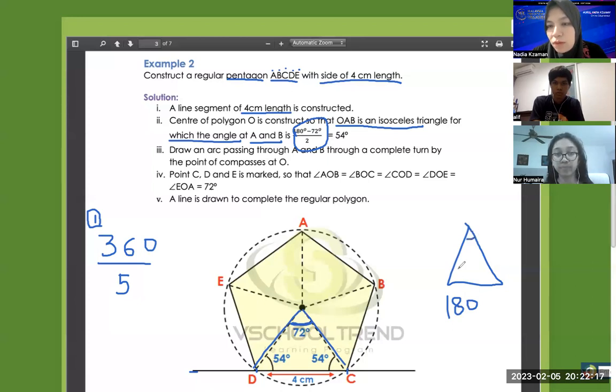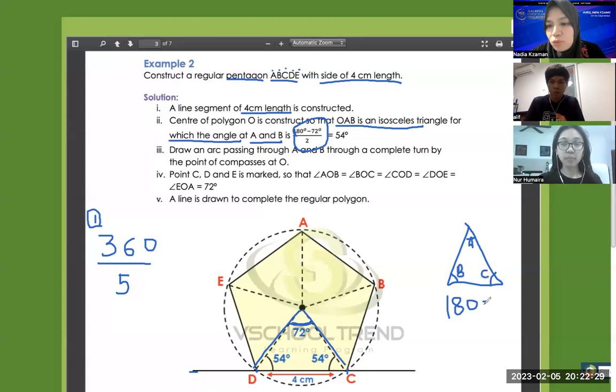A, B, and C together equal 180. So you add all the angles, A plus B plus C, and you get 180. Then, how to get B and C? You find A and subtract it, then divide by 2.